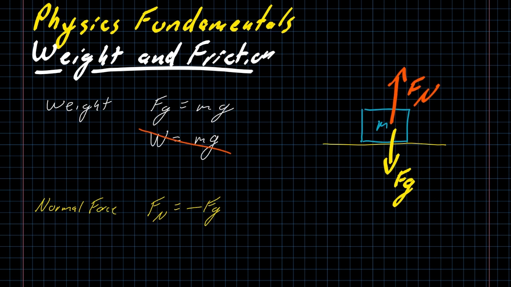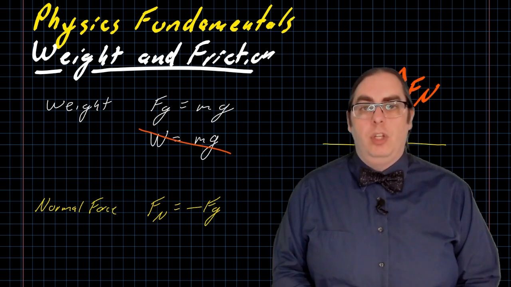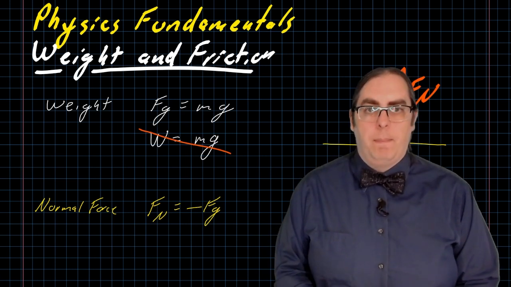This thing is called the normal force, and the normal force is, for a horizontal surface, always going to counteract gravity. The normal force is the force that causes you to not fall through the floor. It is the force that the floor is applying to your feet to prevent you from falling in.